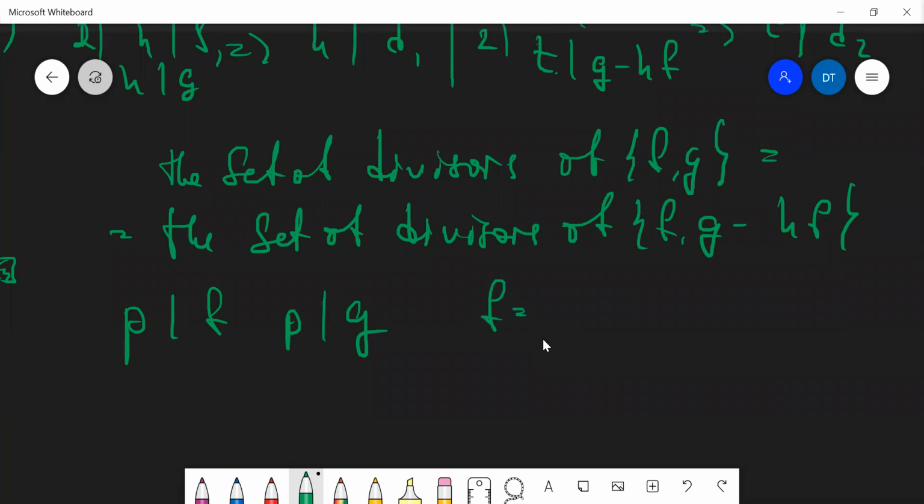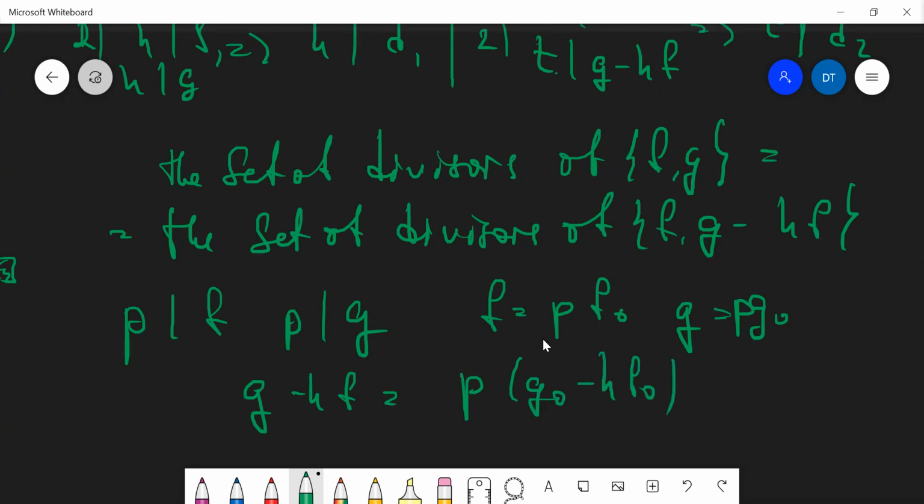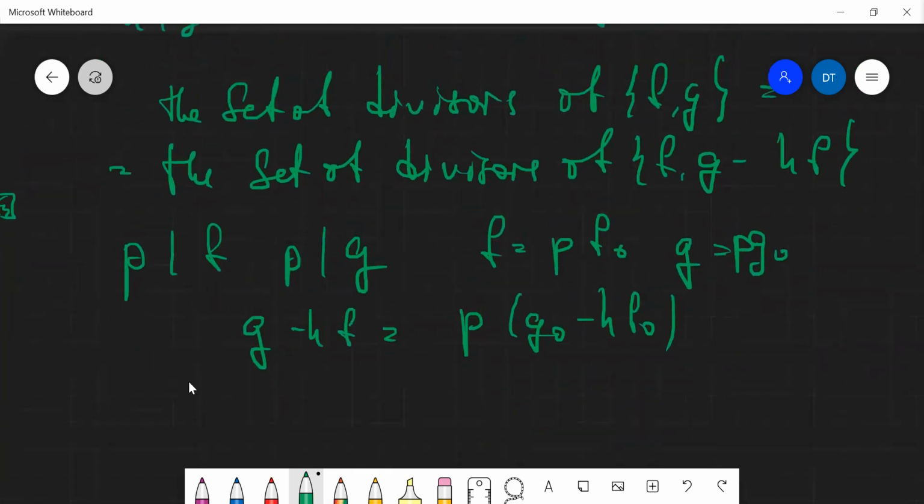It means that F is equal to P times F0, and G equals P times G0. Then, if I consider G minus HF, this is equal to P times (G0 minus HF0). I see, thank you. So P divides this difference. So this proves this inclusion.